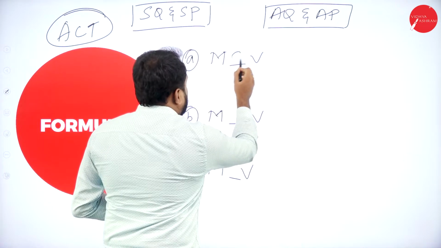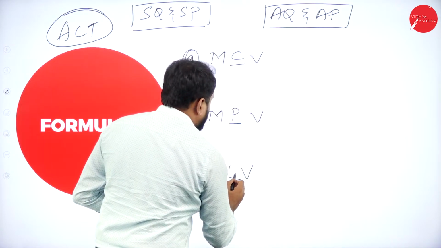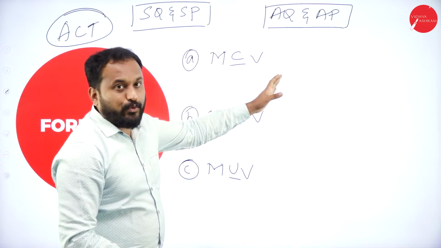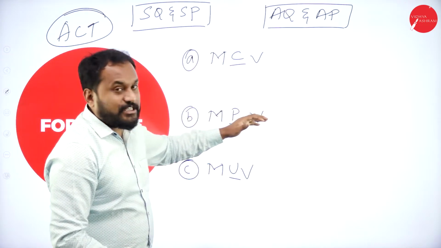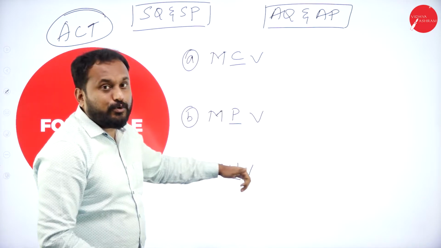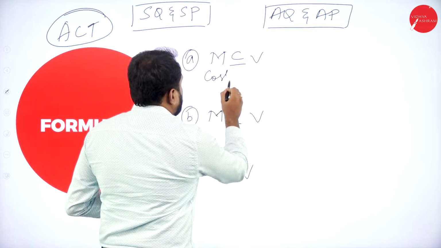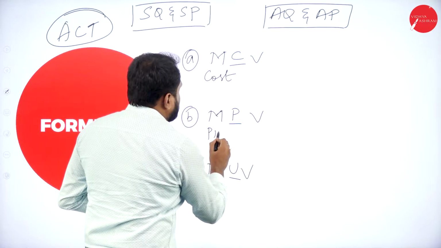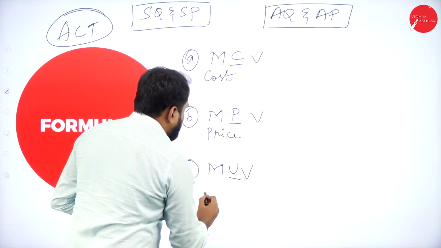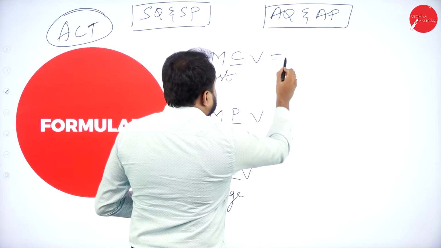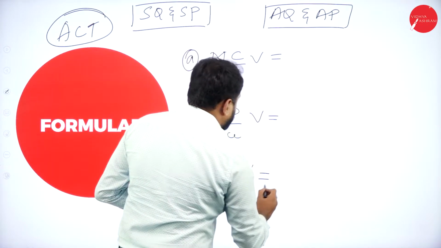That is C, P, U. Now what exactly is CPU? Material cost variance, material price variance, material usage variance. This is called cost, this is called price, and this is called usage. Now what is it equal to?